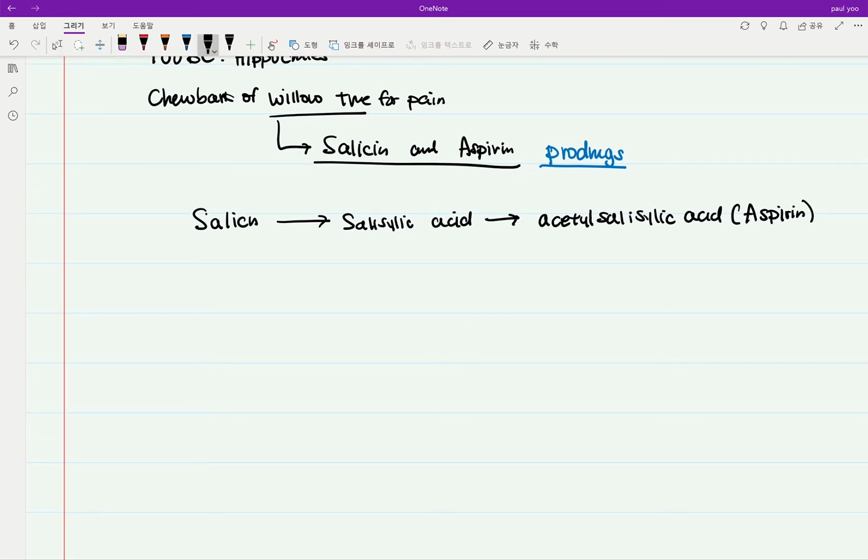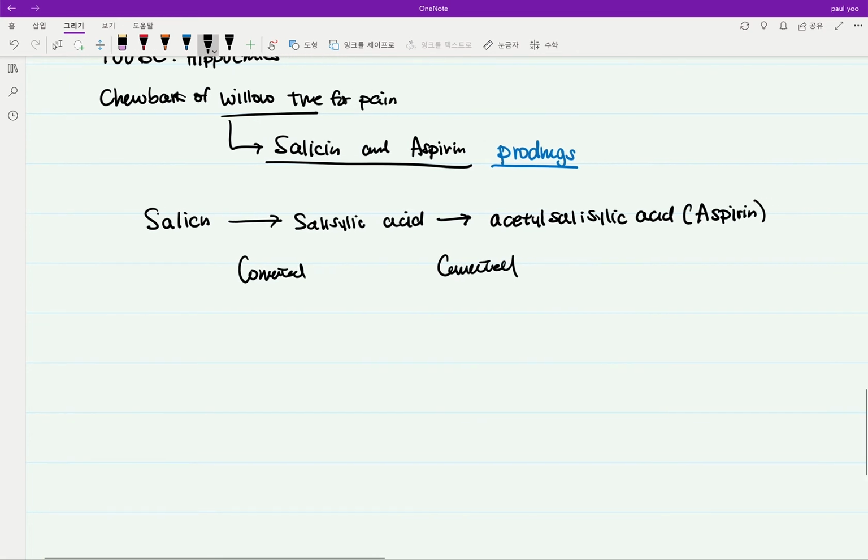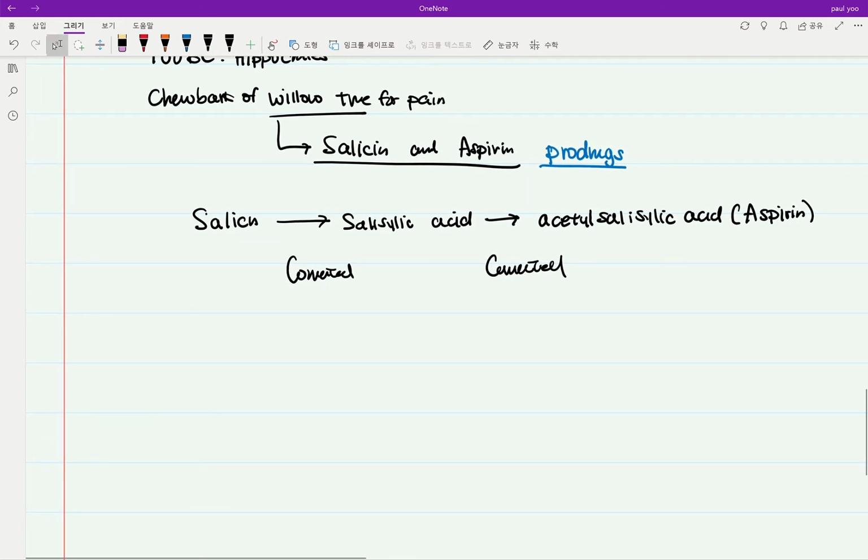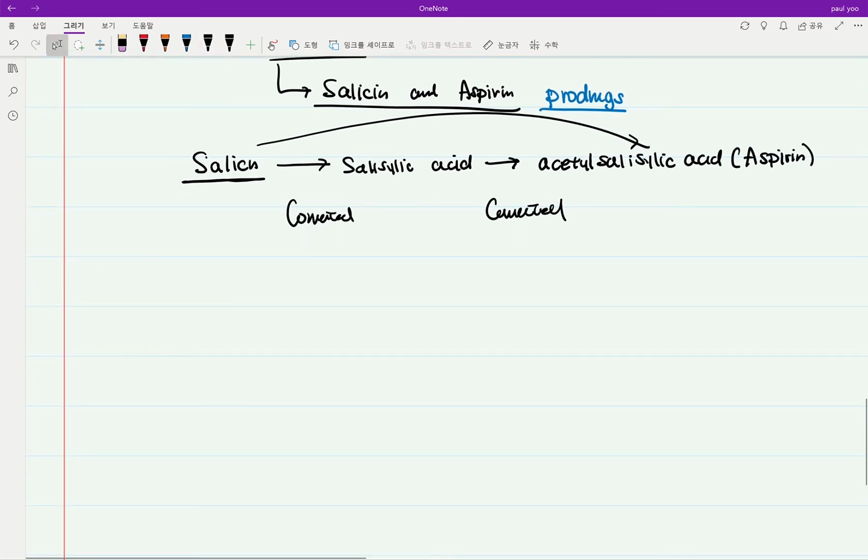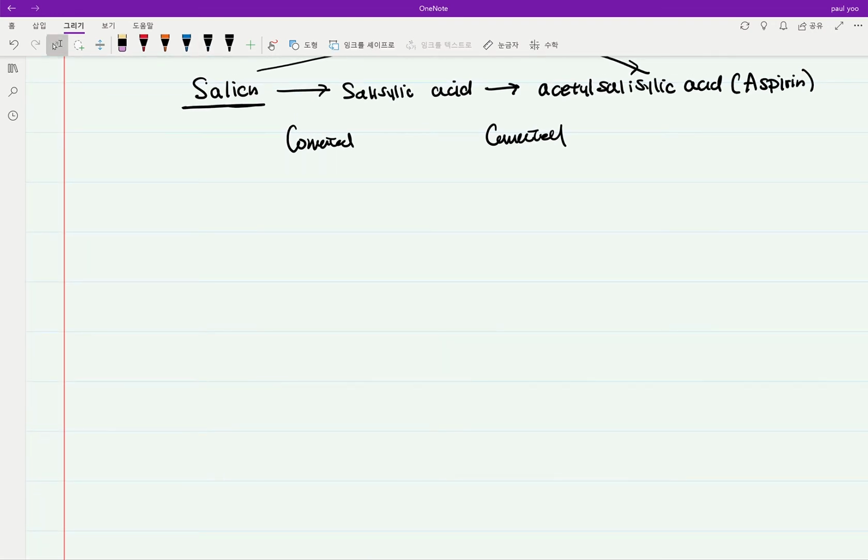It's converted, and also converted here. So the definition for prodrug is when you absorb something that does not have the effect yet, the body converts it to a drug that has effect. And the structure for salicin, we will talk about it later if it's necessary.